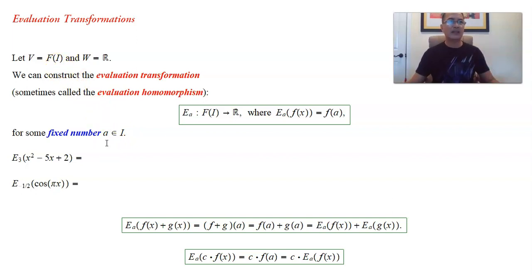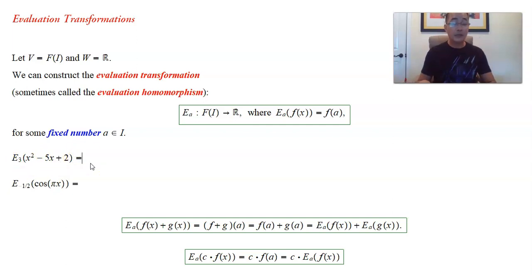Okay? So I mentioned S3 before. What about E3? Different letter, different meaning. So E3 of x squared minus 5x plus 2 means that we evaluate this function at x equals 3.